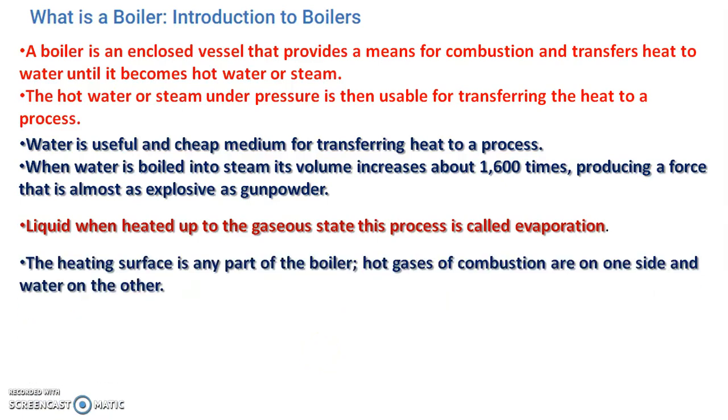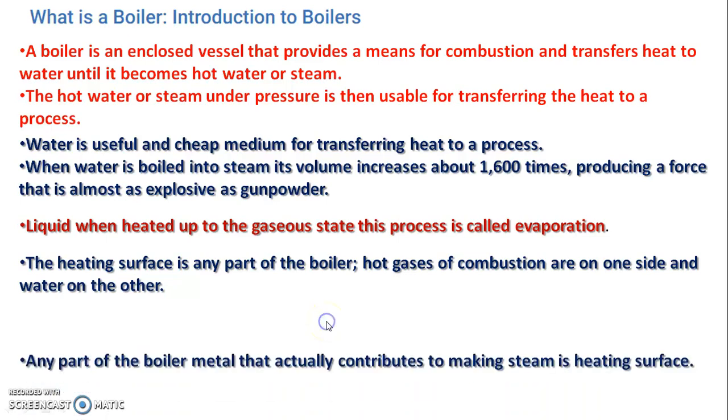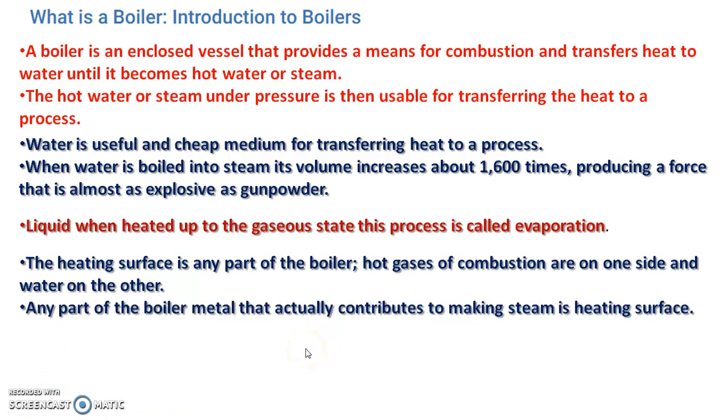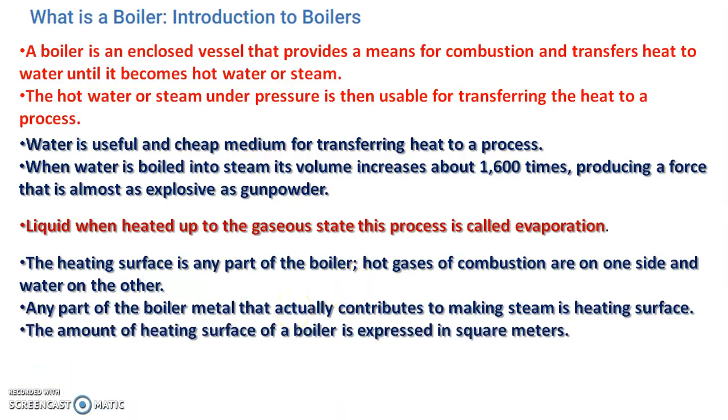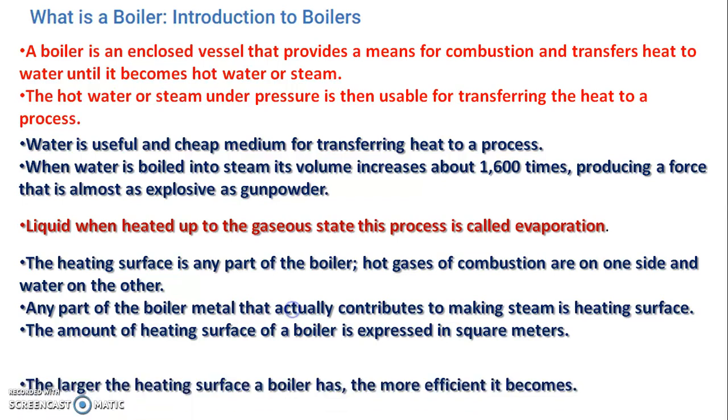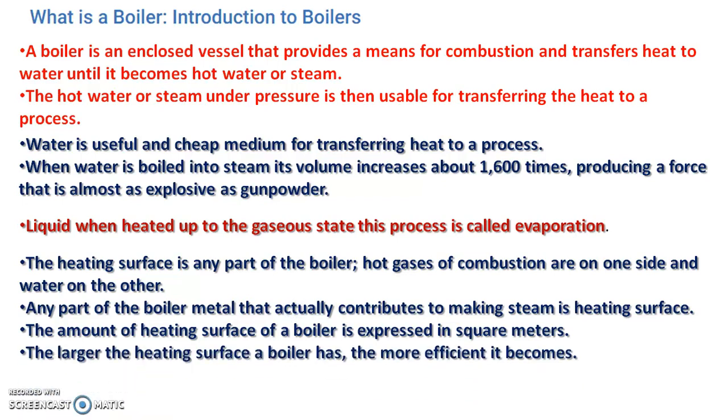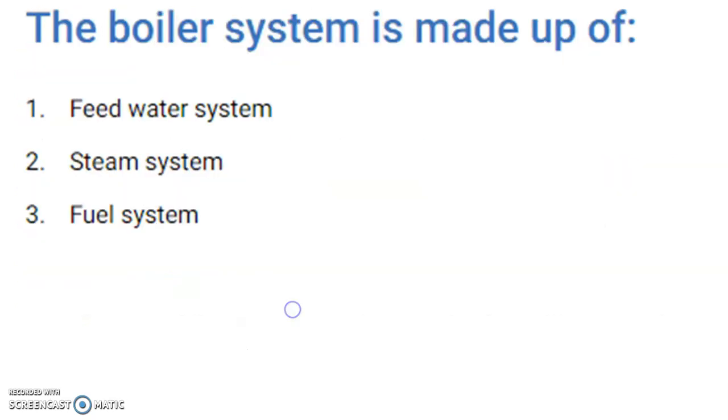The heating surface is any part of the boiler with hot gases of combustion on one side and water on the other side. Any part of the boiler metal that actually contributes to making steam is a heating surface. The amount of heating surface of the boiler is expressed in square meters. The larger the heating surface a boiler has, the more efficient it becomes. So this way, it depends on the heating surface.